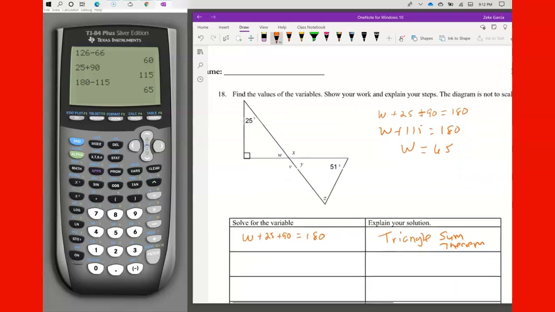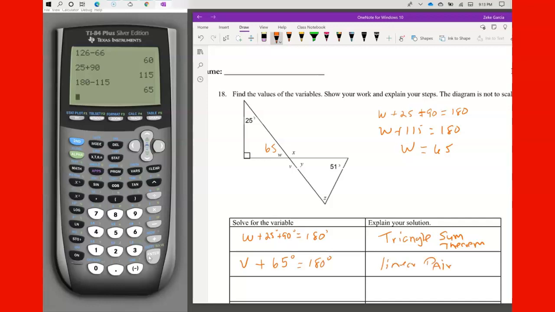So that's W. The next one I want to find, if this is 65, then how can we find the measurement of angle V? Well, we know that V plus 65 degrees is going to be 180. Why? Because they're a linear pair.